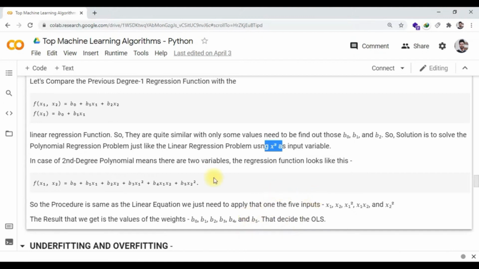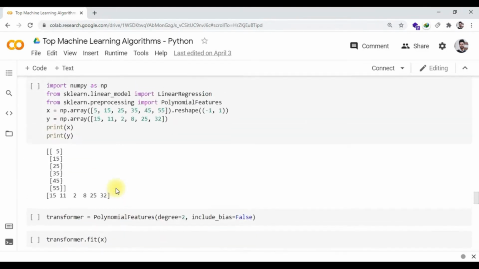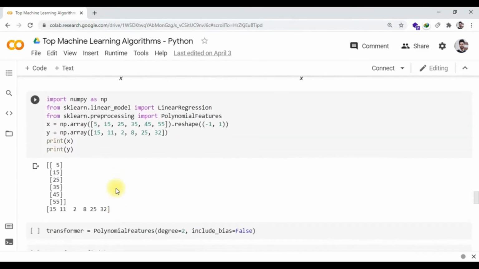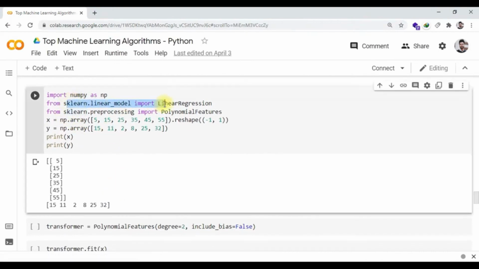I hope you understand the basic mathematics behind it, and now we are going towards its programming part. Here you see that I import sklearn, and I get PolynomialFeatures from here, which decides the degree of the equation and also decides the bias in the equation.